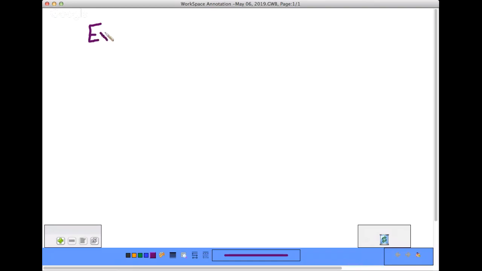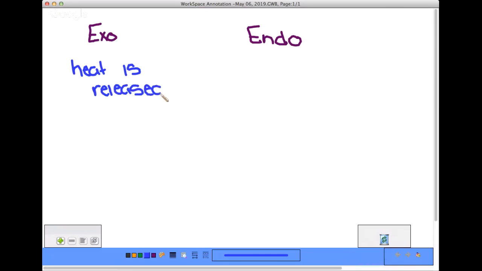So we have two types of reaction. We have exothermic and we have endothermic. Exothermic, what this means right here is that heat is released. For endothermic, this means heat is absorbed.